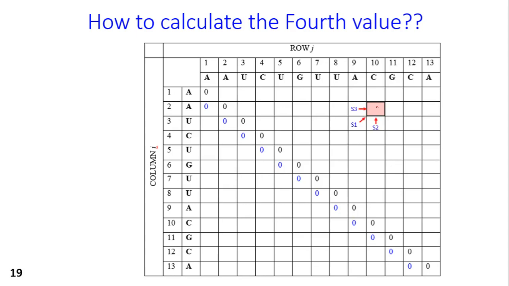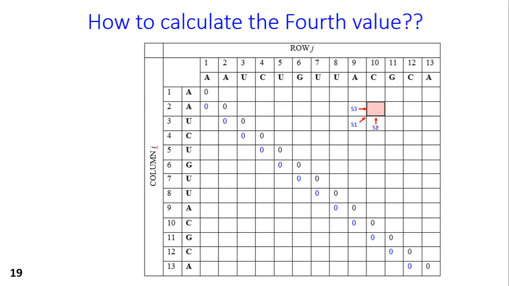As I have already told you, the value here depends on the neighboring boxes: the previous diagonal box plus the weight value if there is base pairing at this position, the value from your column position, and the value from your row position.